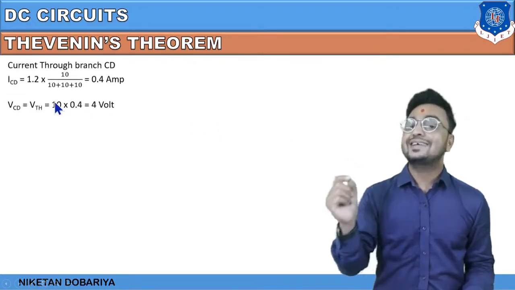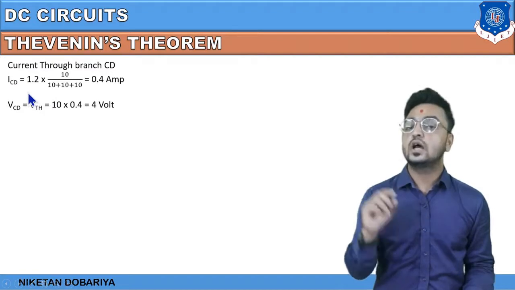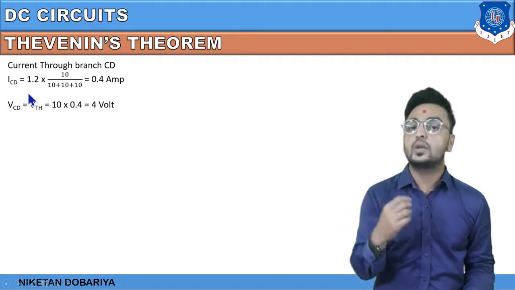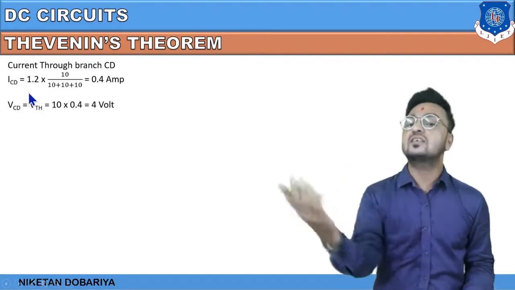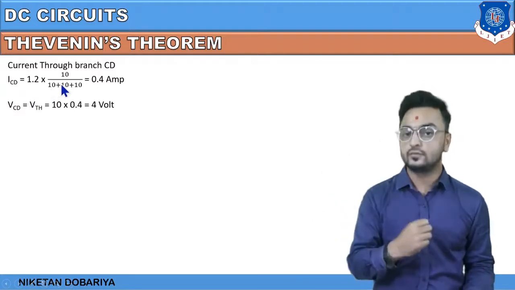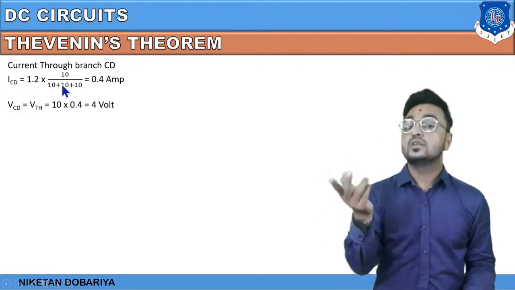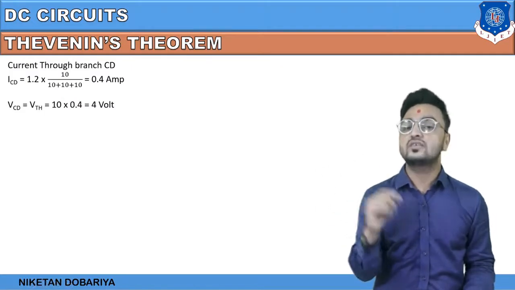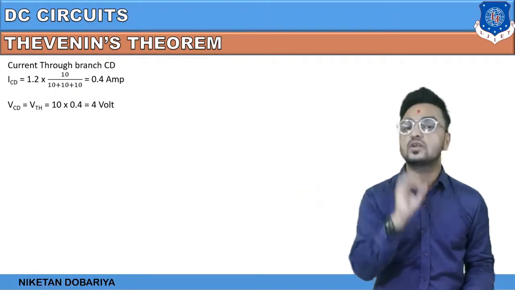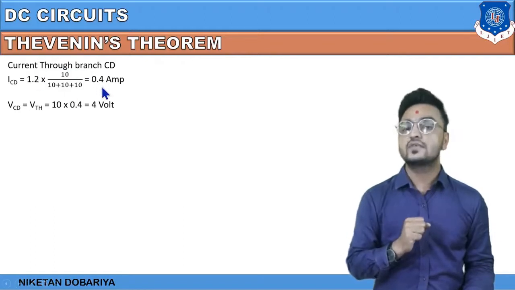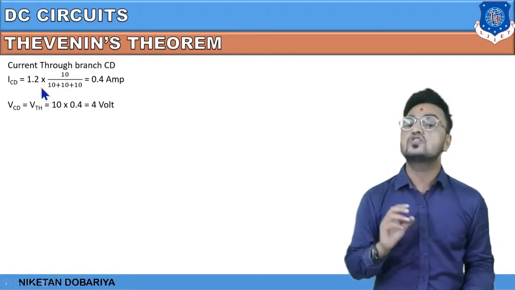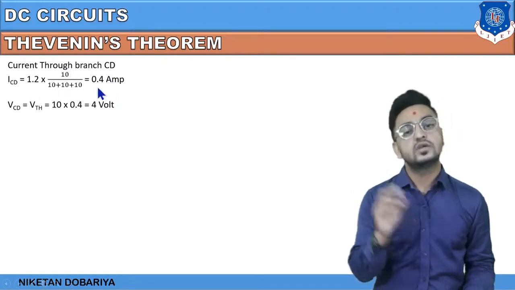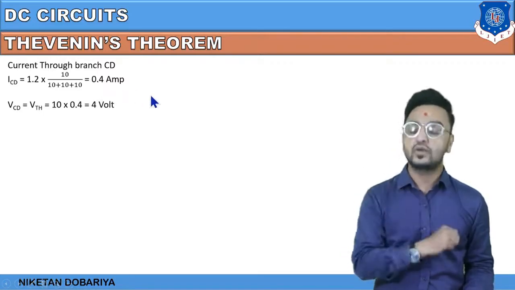Now current ICD is going to be the total current, 1.2, into the next resistor, that is 10 ohm, divided by the addition of both resistances, 10 plus 10 plus 10, means total 30. So here we have an equation, and that provides the value of ICD is equal to 0.4 ampere.